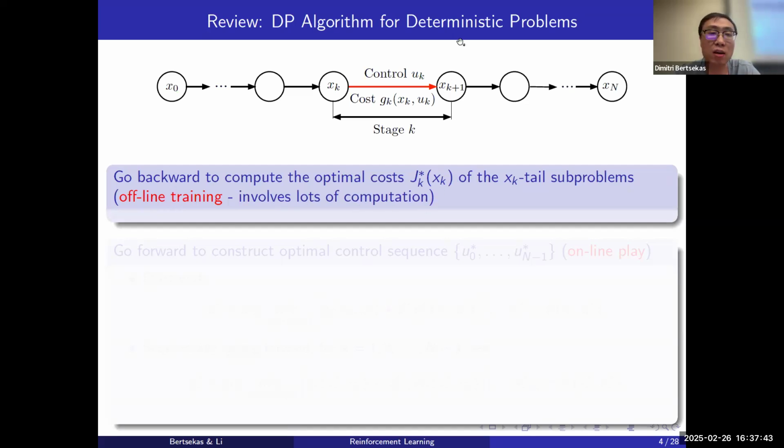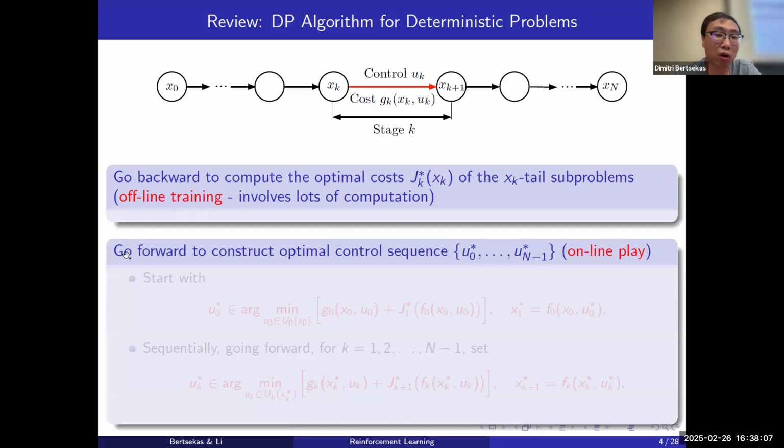So for each k, we solve all the x_k associated tail subproblems and move backward to k minus 1 and so on, all the way to stage 0, at which point, if we get J0 star of x0, then that is the optimal cost. And after obtaining that, we go forward to construct the optimal control sequence u0 star until u_{n minus 1} star. And this is the online play process, whereby we start from an initial state x0.